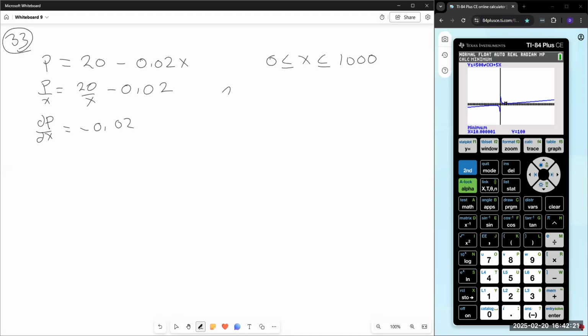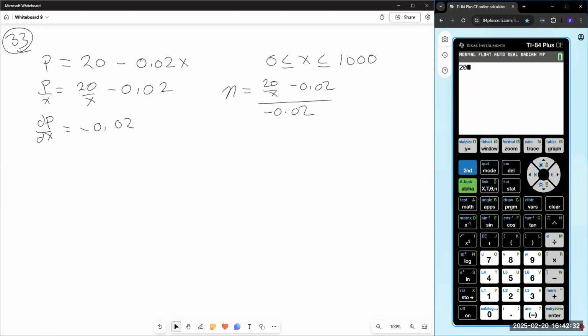So eta is going to be 20 over x minus 0.02 over negative 0.02. Back out here, 20 divided by negative 0.02 gives me eta is negative 1,000 over x plus 1.